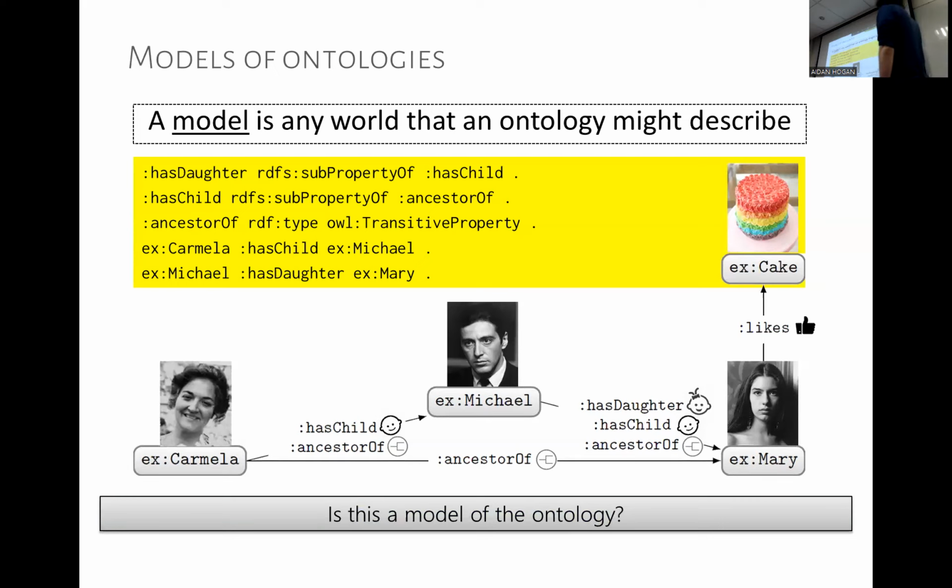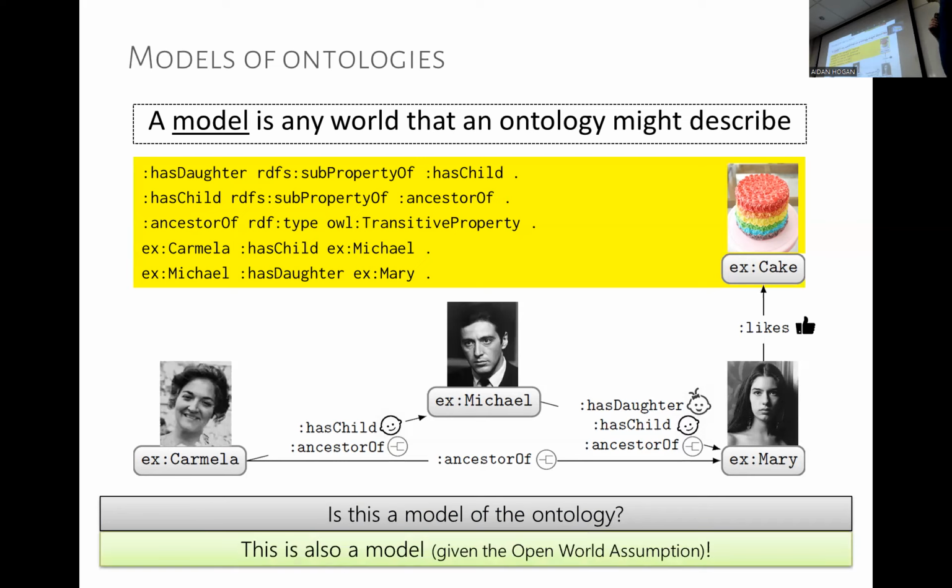If we look at our ontology, we don't even mention cake anywhere. We have no way of knowing that Mary likes cake. So is this a model of the ontology? The answer is yes, this is a model of the ontology. The reason for that, which we spoke about in the last class, is that in OWL we assume the open world assumption, which means that we assume that the data are incomplete.